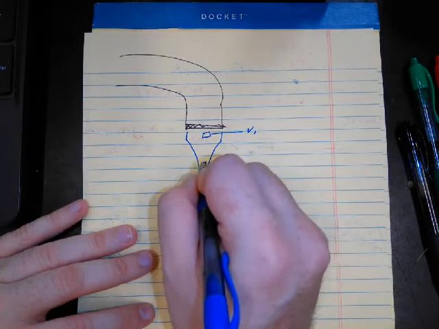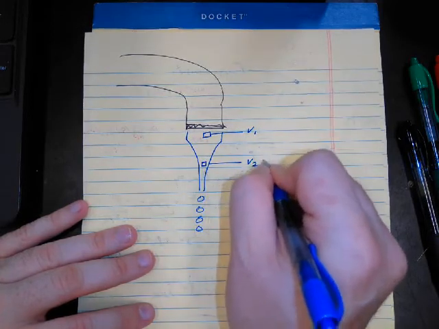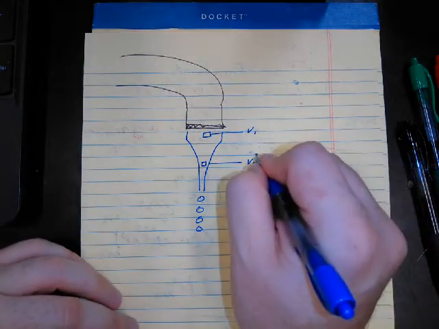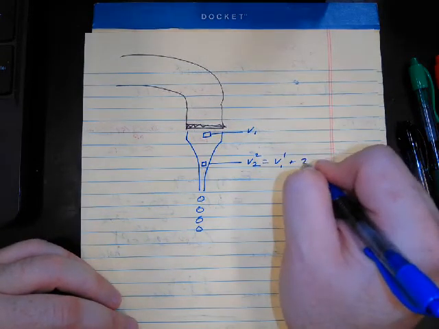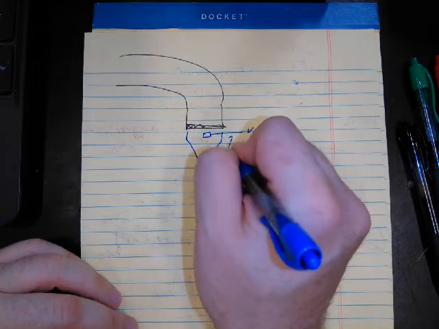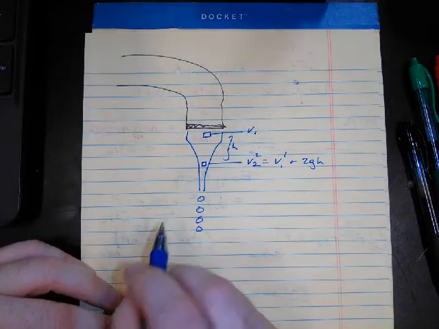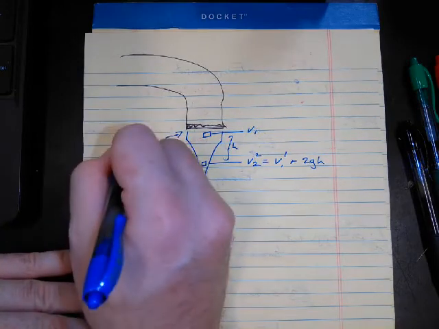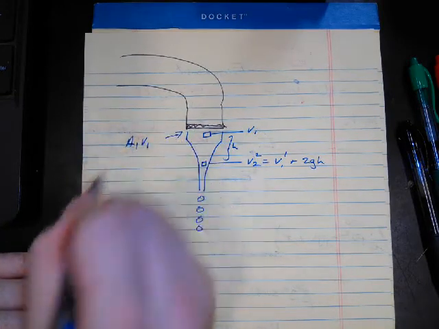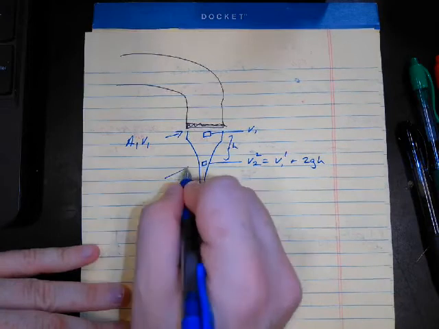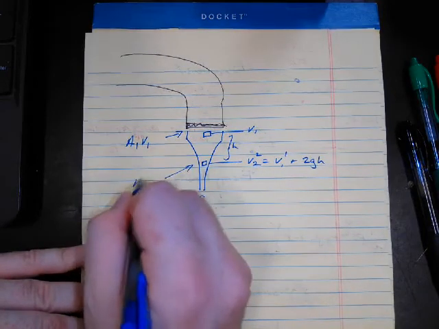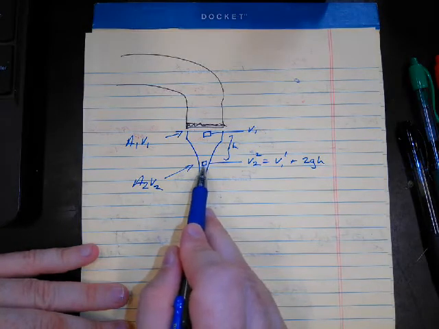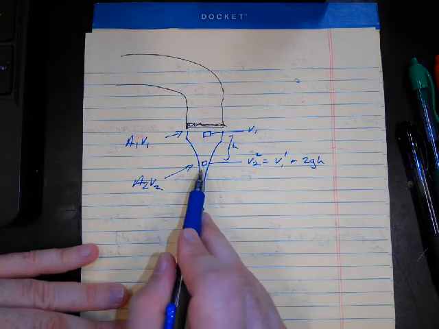Then as it gets down here, it'll have V2 squared is V1 squared plus 2GH. So the continuity up here says A1 V1 is some number, but that has to match A2 V2 here. So as it speeds up, the cross-sectional area has to narrow.